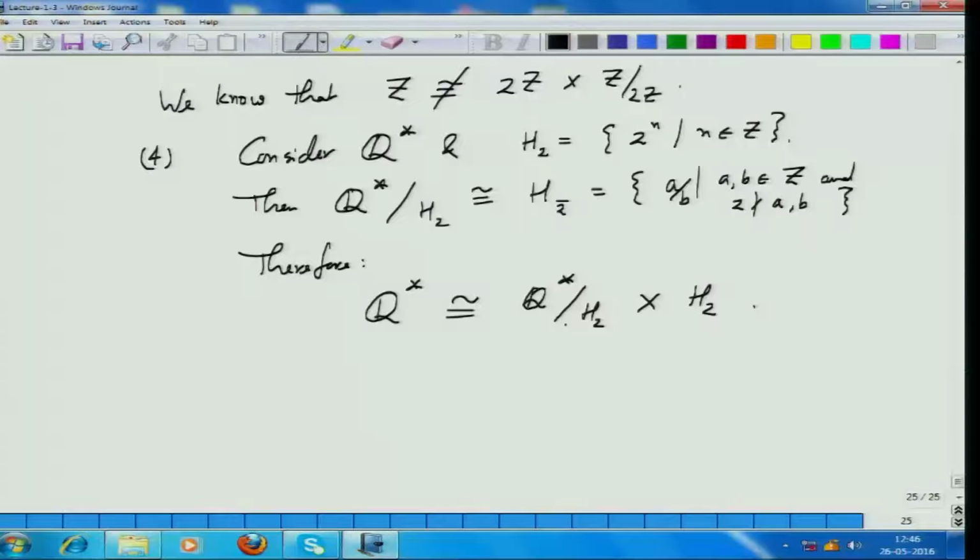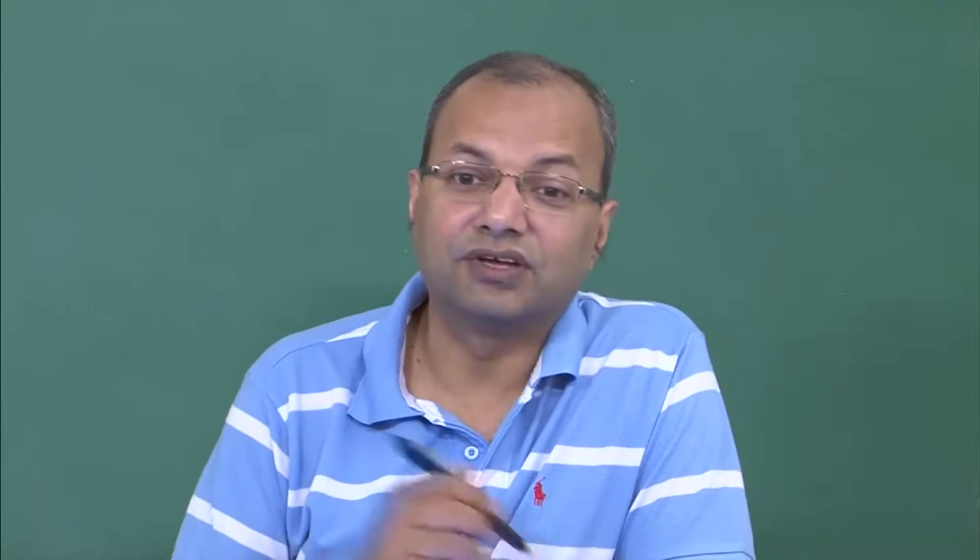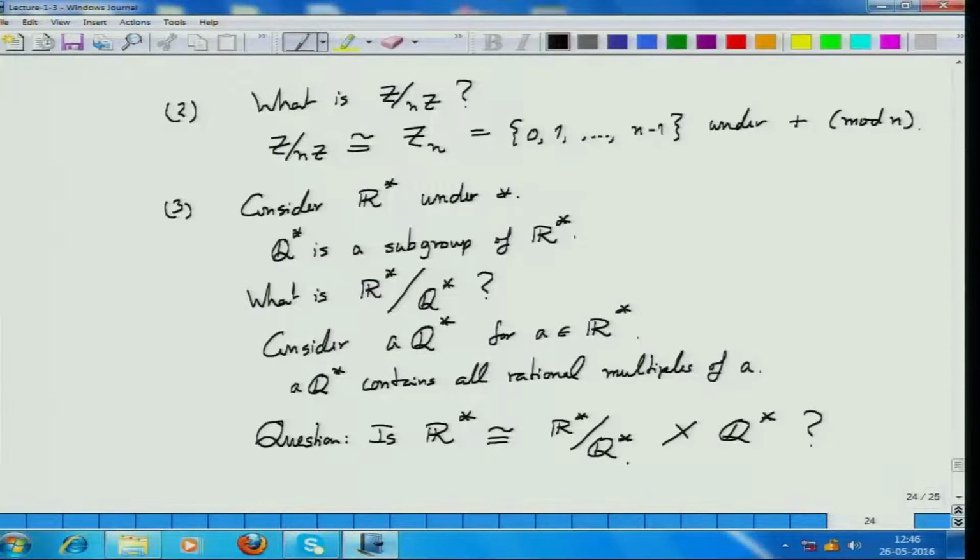That is, can we split a group as being isomorphic to its quotient times the subgroup with which we are quotienting? Sometimes you can do this like here, sometimes you cannot. And coming back to this question, I will leave this as an assignment problem. Please work this out.